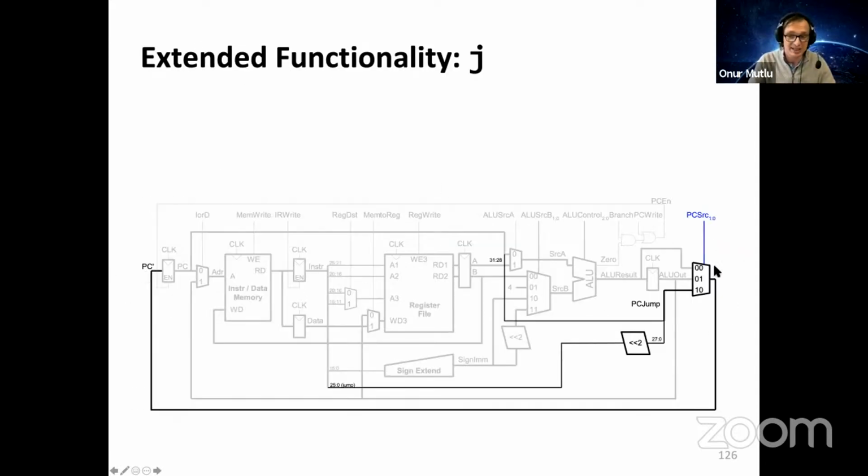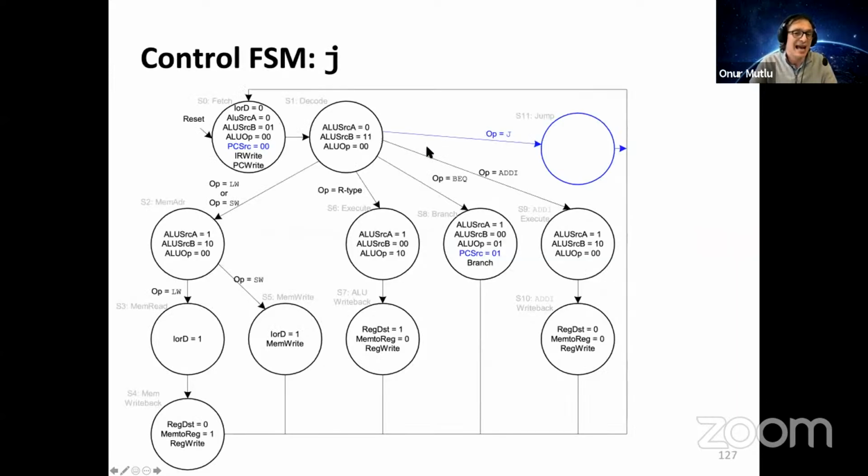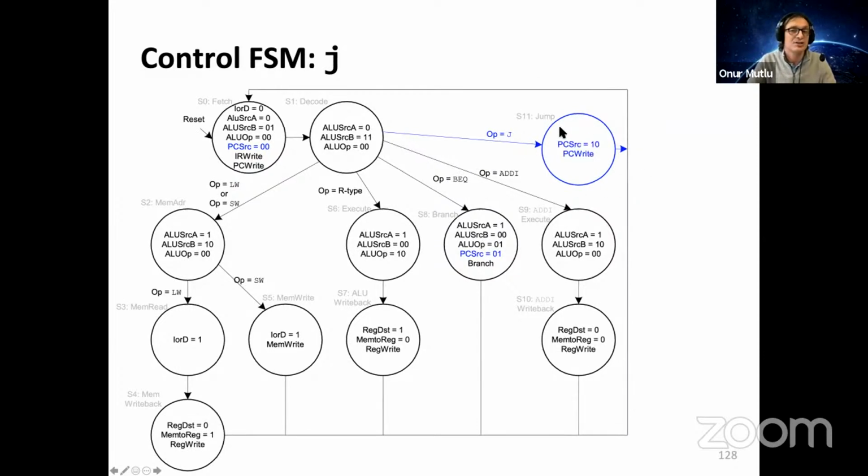So you need to add the data path elements. You need to add the control signals. These are the new data path elements and control signals that are added if you want to extend the machine with a jump. And you need to add the state machine states. So if the opcode is jump, you do the jump, and you need to set the control signals accordingly, as you can see. And if you actually change something in some other state, you need to set that accordingly as well.